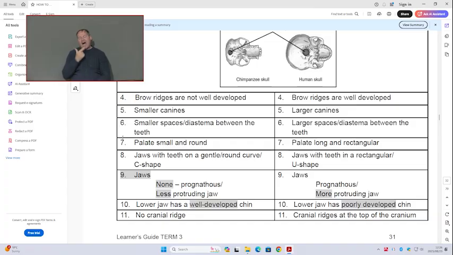So even if it is asked in one word, the space between the teeth of a species, you will know it is diastema. Then the 7th one is the palate shape. The palate of modern humans is small and round, and the palate of other primates is long and rectangular.